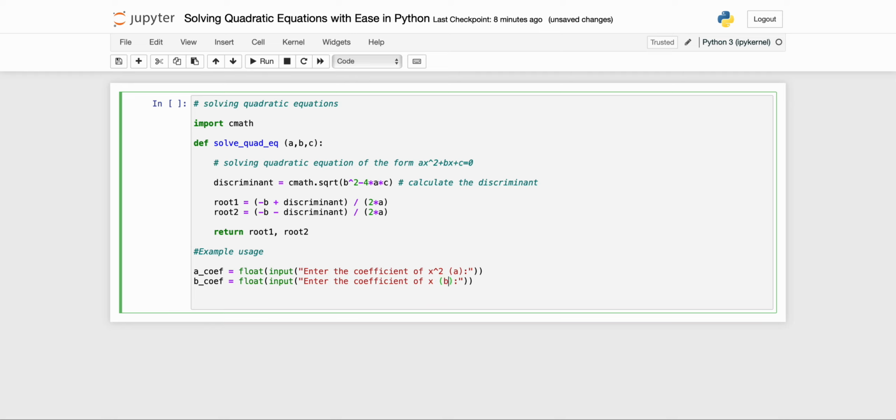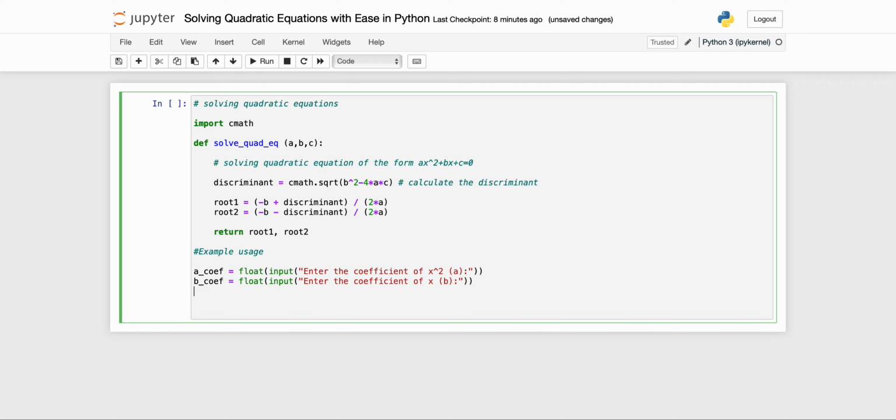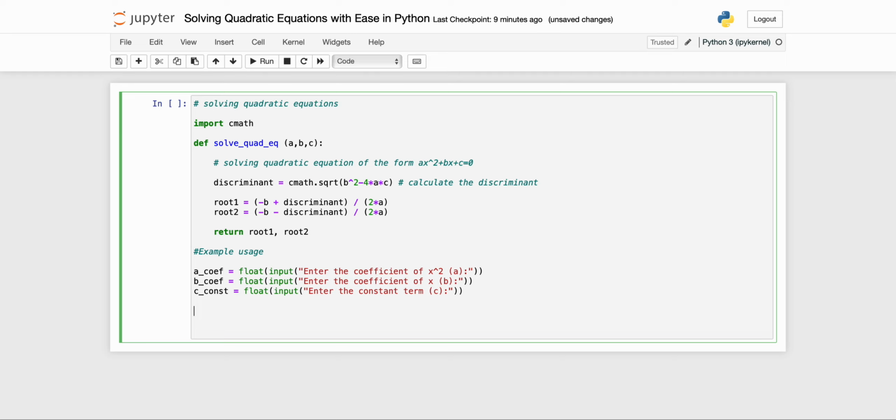Then we have c, which is our constant, so I'll copy that again and change it to enter the constant term c.